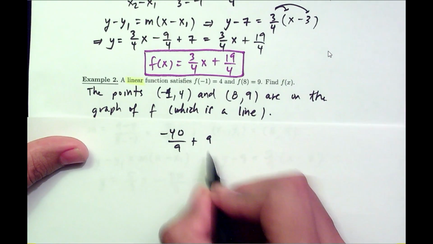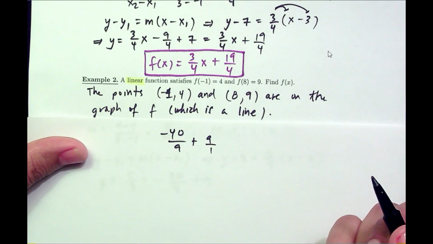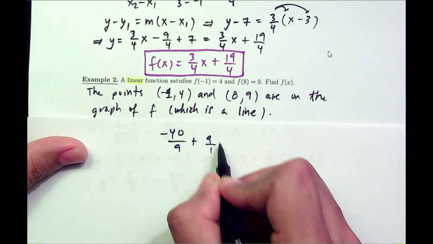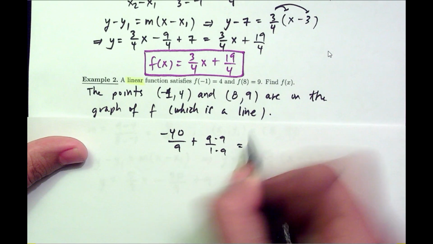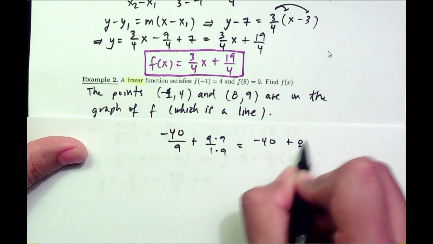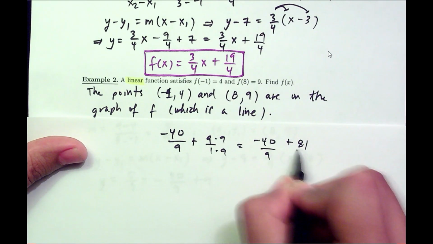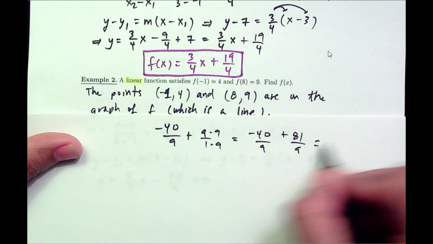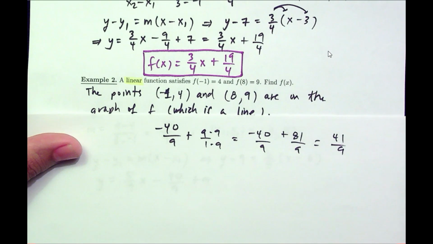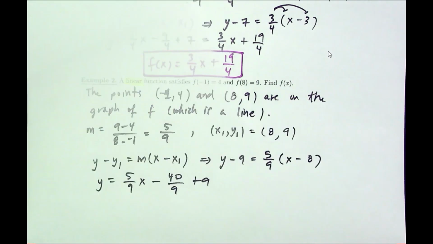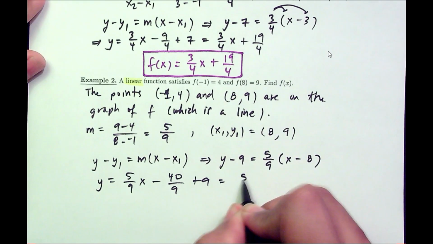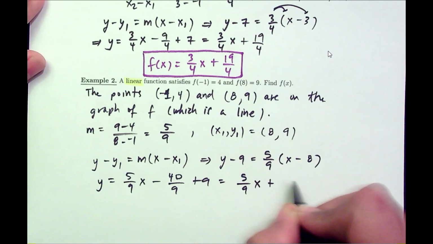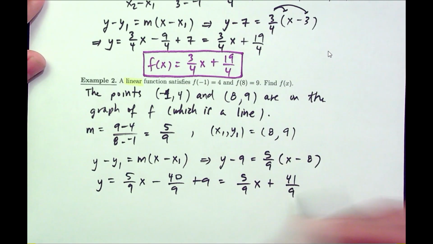You can think of it as 9 over 1 times 9 over 9. This is going to be negative 40 plus 81. And 81 minus 40 is just 41. So 41 ninths. So this is 5 over 9x plus 41 ninths.